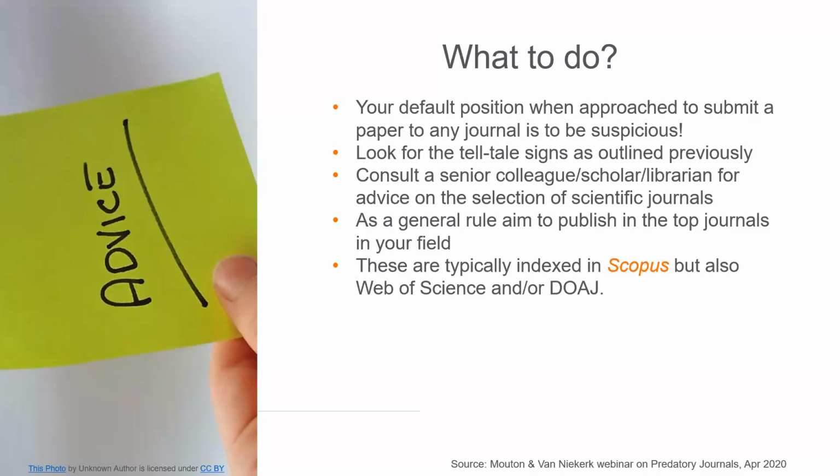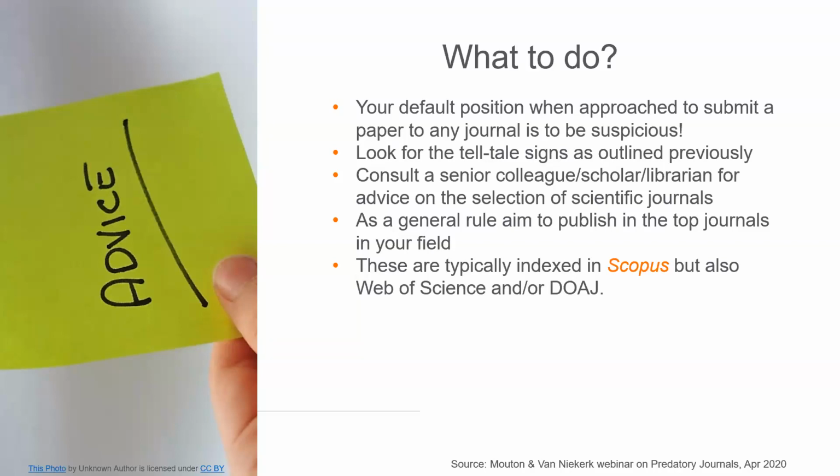So be suspicious when you get an invitation, and then look out for the telltale signs that we've mentioned now: the too broad scope, the spelling errors, the branding, the false metrics, vague information, where you can't verify who's the editor-in-chief, who are the researchers on the editorial board, etc.